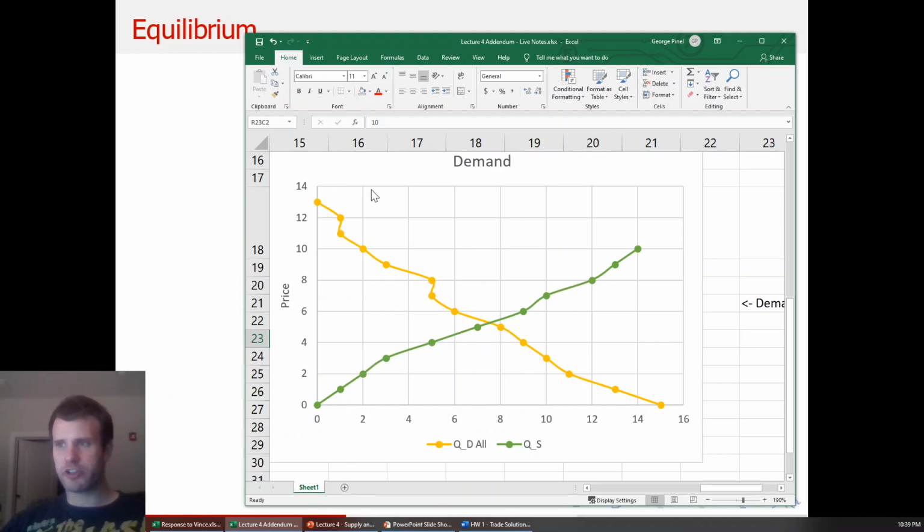Everybody who has a high willingness to pay is going to want to buy the good. Everybody whose cost is higher than the price will not produce the good, and everybody whose willingness to pay is lower than the price will not consume the good. Okay, and if we were to deviate from that, we are actually taking away the total surplus, the total gains from trade, from the market, because this guy values the good more than this guy. All right.